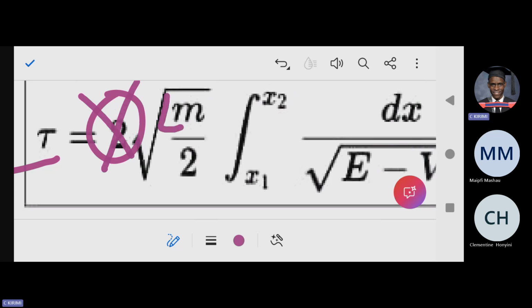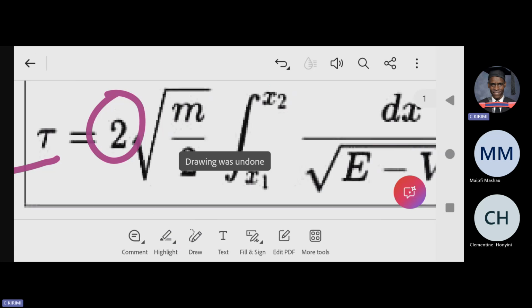Then it becomes a 4 inside. Do you agree? That 2 is for a complete cycle, to and from. To complete the cycle means you are doubling the time. The time to go and the time to come back are equal, so you double the time.